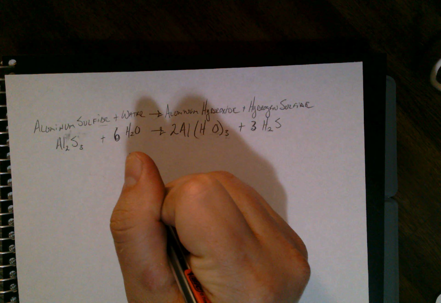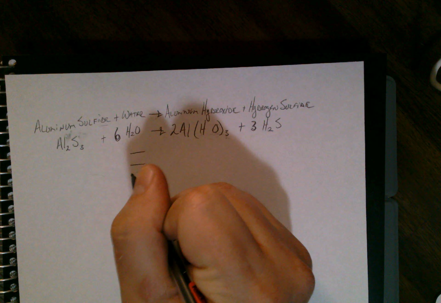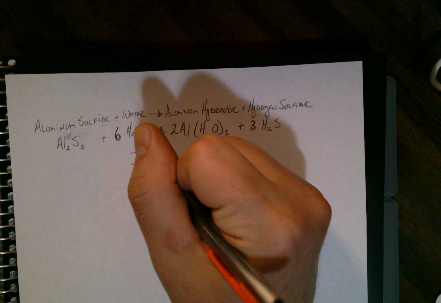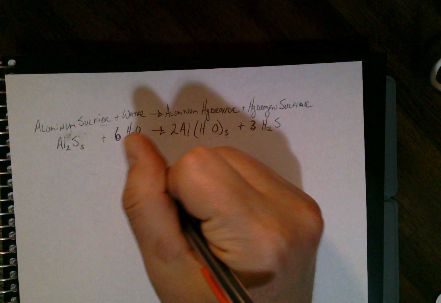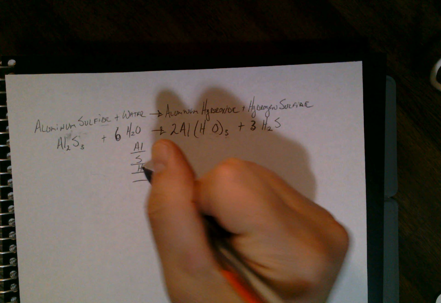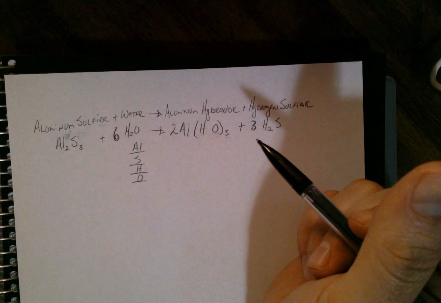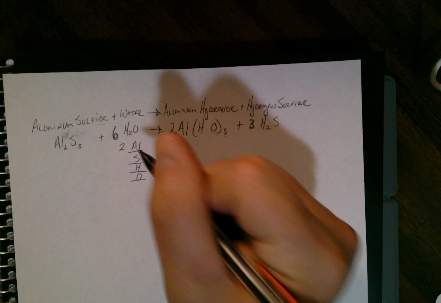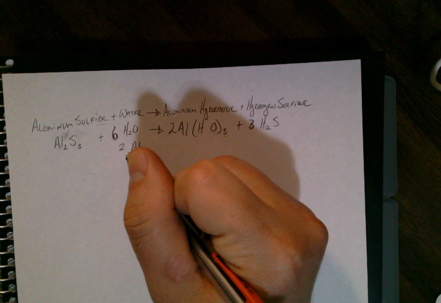And if you want to check that, you can draw your little table here. It's aluminum, sulfur, hydrogen, oxygen. That's all the components of this. Of the aluminum, we have 2 on this side. We have 3 sulfur.